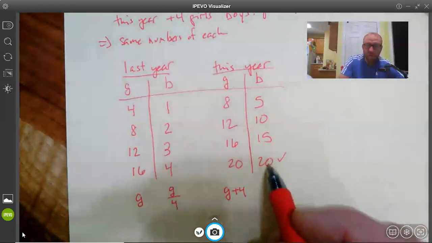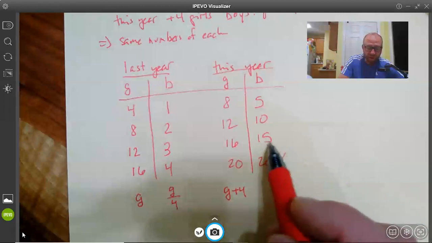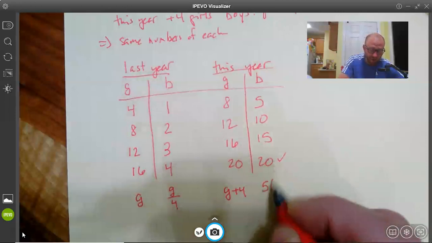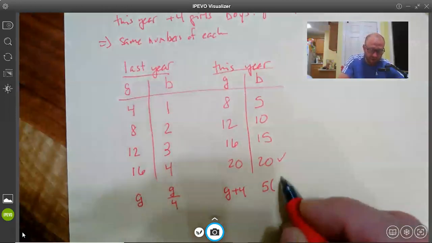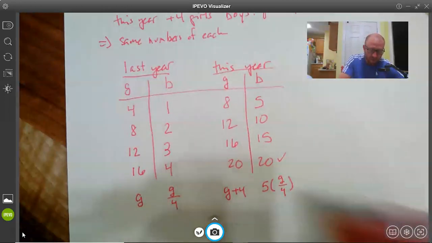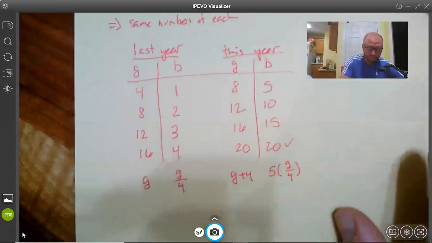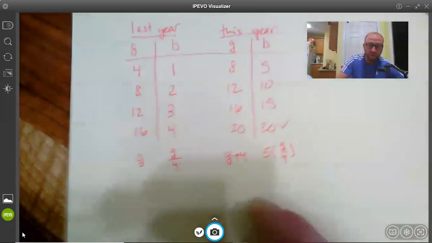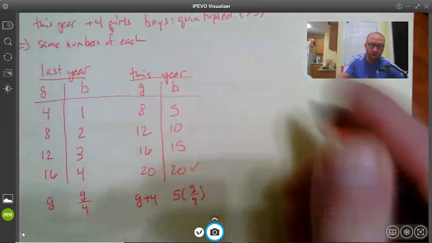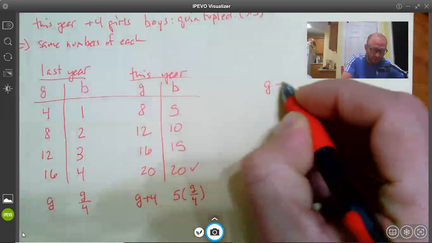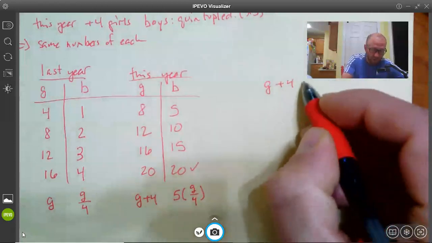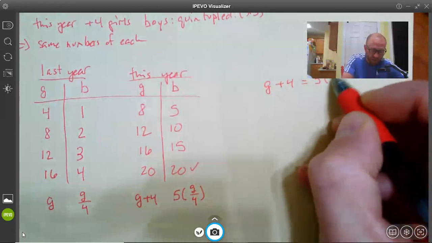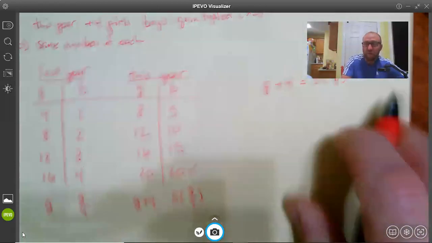And here, this is a little complicated. We took this column, we got this one by multiplying these numbers by 5. So this column must be 5 times girls over 4. And we're looking for when those two things are equal. So we're looking for when G plus 4 is equal to 5 times G divided by 4.